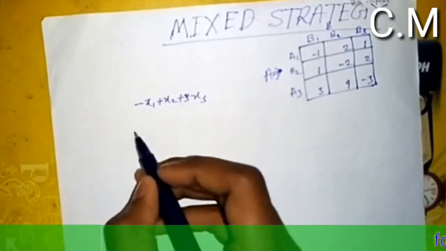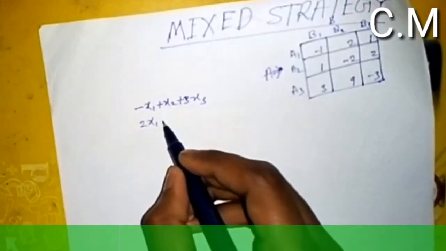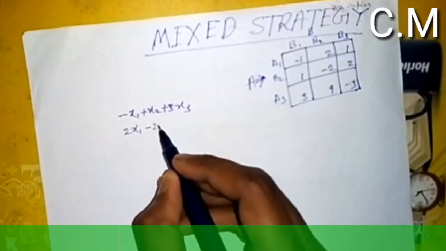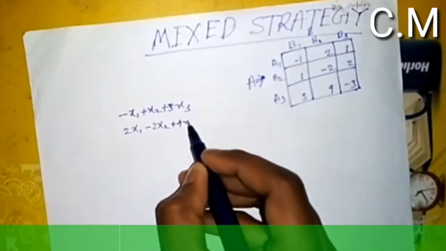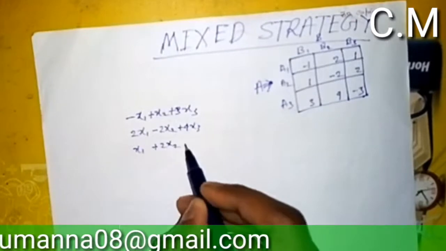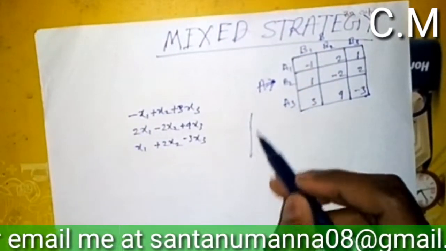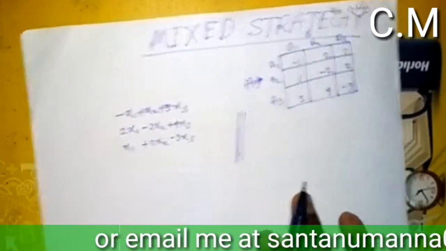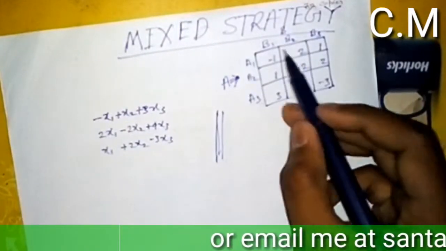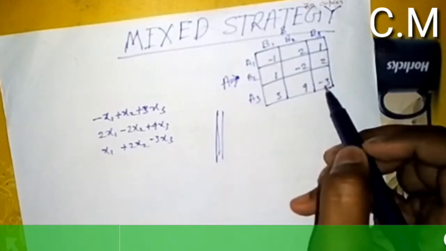Next, 2x1 minus 2x2 plus 4x3. After that, x1 plus 2x2 minus 3x3. Now leave this part. In the second part, I said y1 into the first column, y2 into the second column, y3 into the third column.